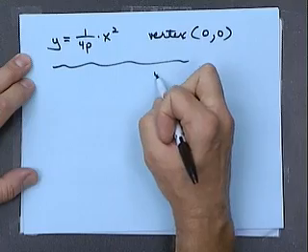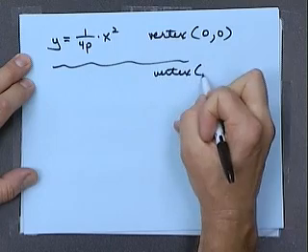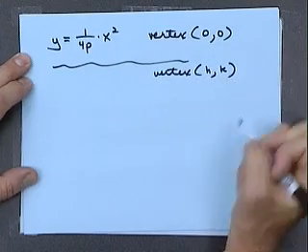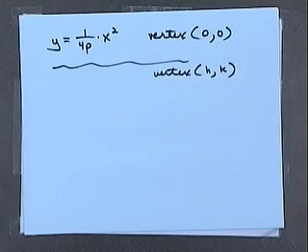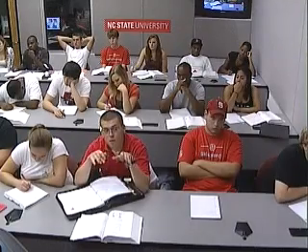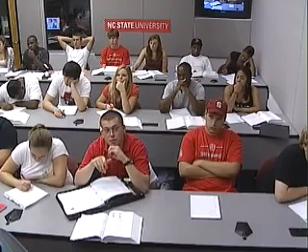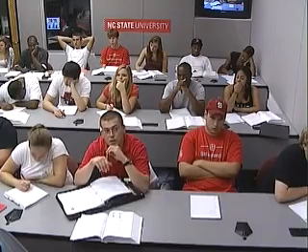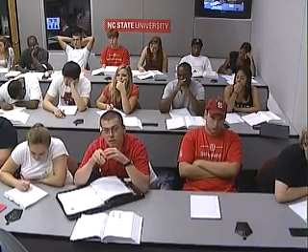How would the equation look if the vertex of the parabola were at (h, k)? What would that look like? Good. Go ahead. Instead of y, it's going to be y minus k quantity is equal to 1 over 4p times x minus h quantity squared.